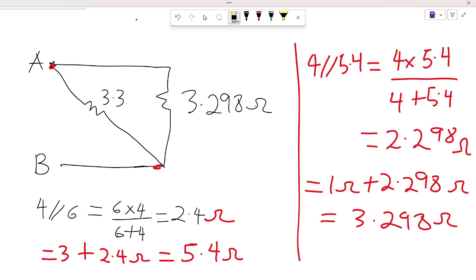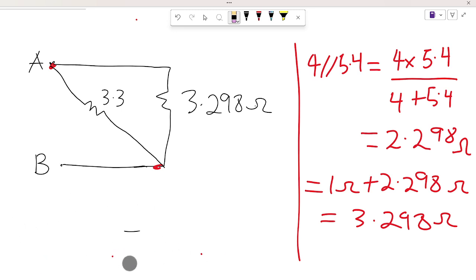So we can further simplify our circuit. So we have 3.3 in parallel with the 3.298. If you are comfortable with fractions, you can keep your answers in fractions throughout your solution.